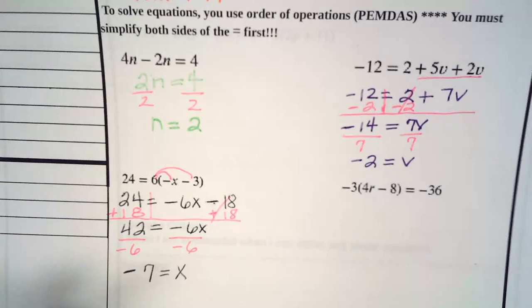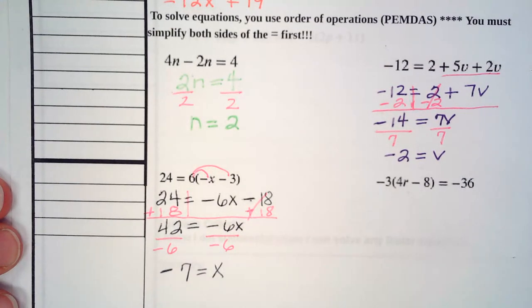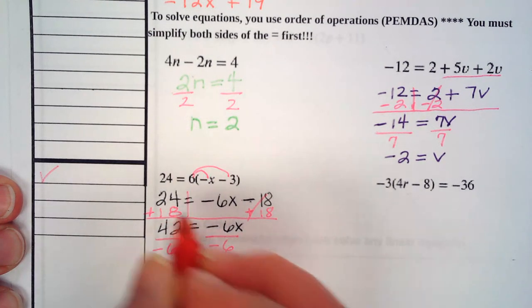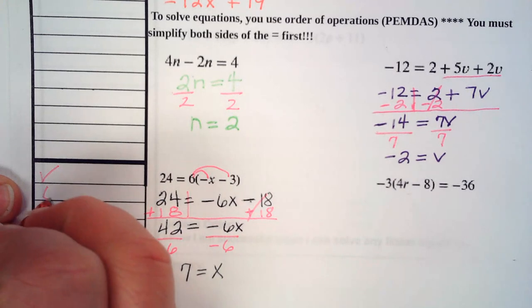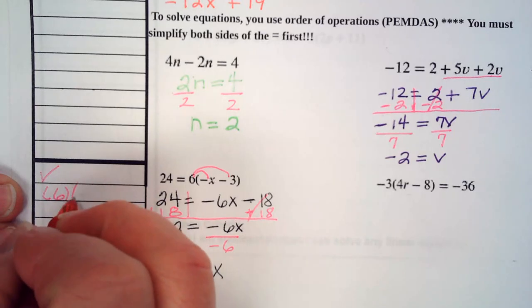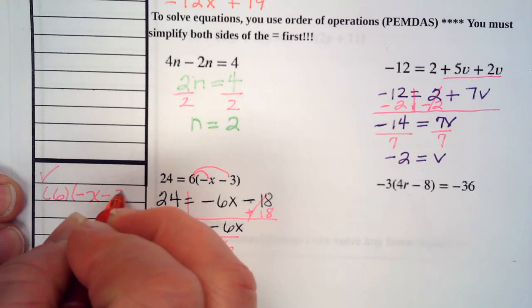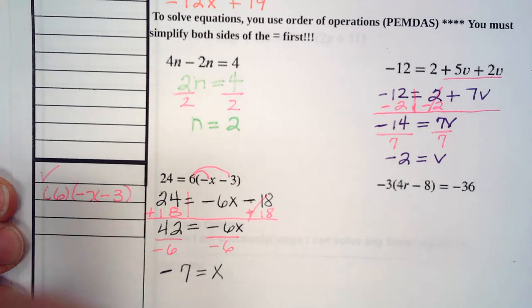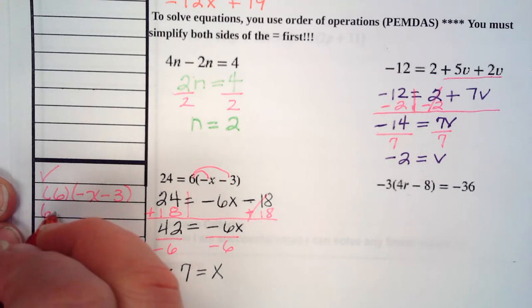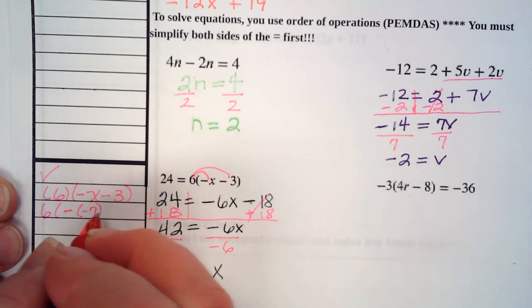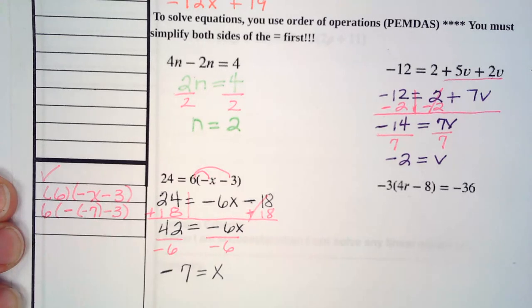We will check this one quickly to make sure we've done it correct. So for my check, this is 24. This is 6 times negative x minus 3. But x is negative 7. 6 times the opposite of negative 7 minus 3.